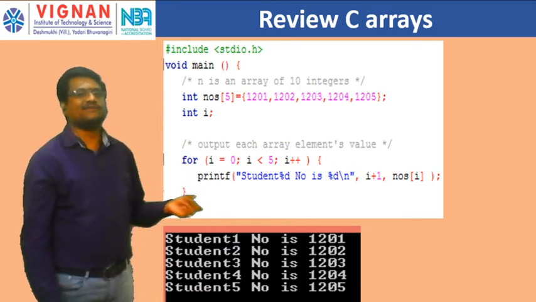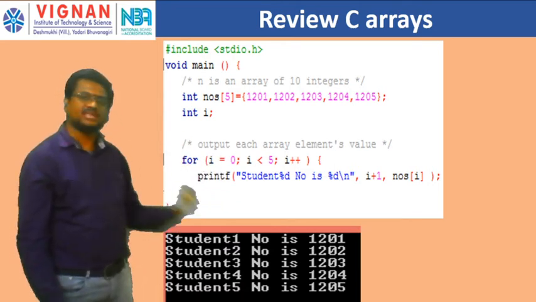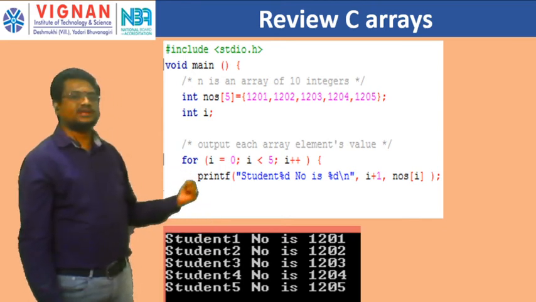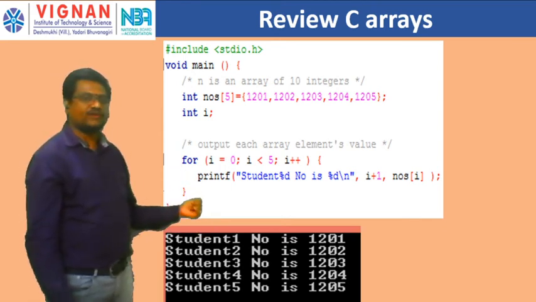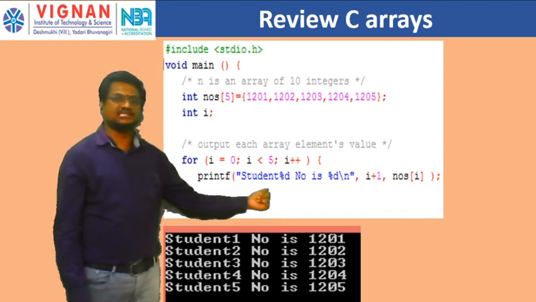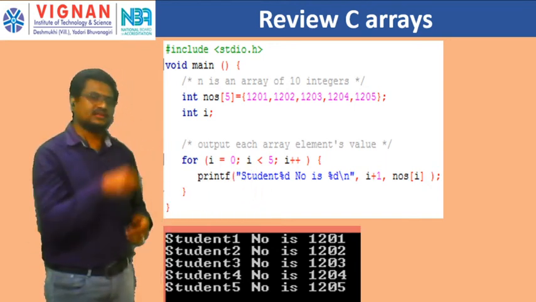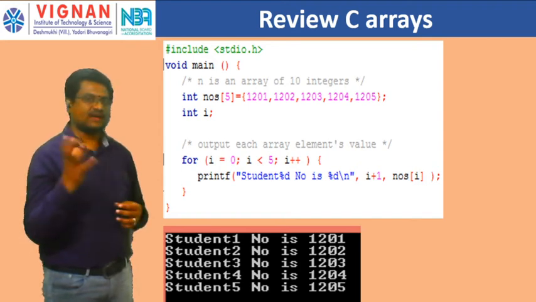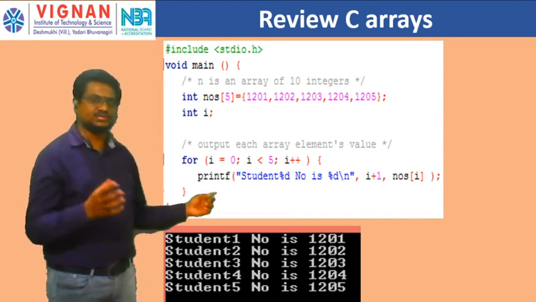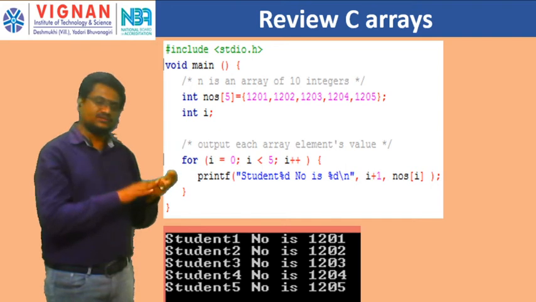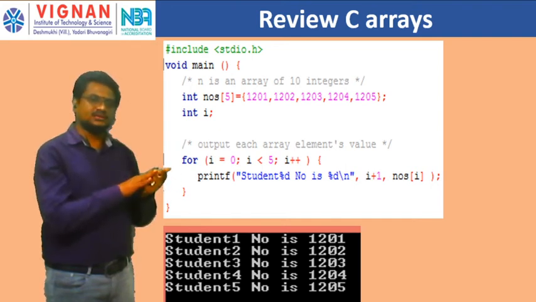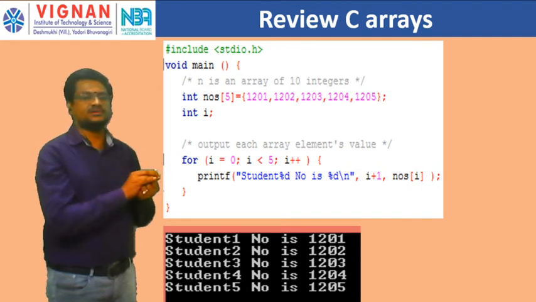Right now I want to access all the elements at a time, for that I have used a for loop. For i equals 0, i less than 5. See, 5 elements only, that's why i less than 5. So it starts from 0: first, second, third, fourth, fifth element.